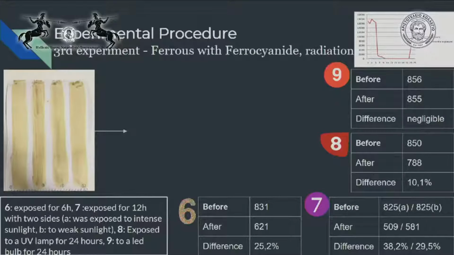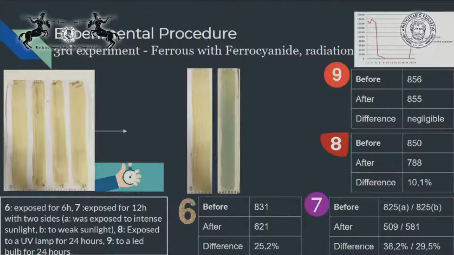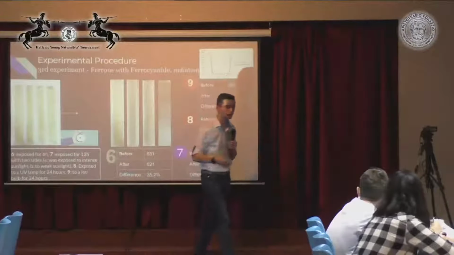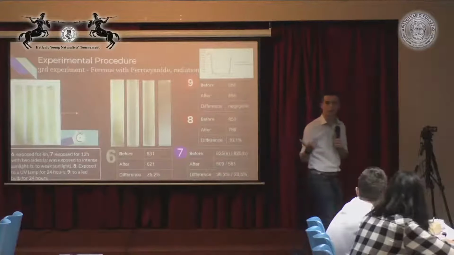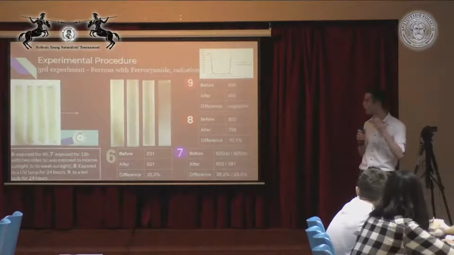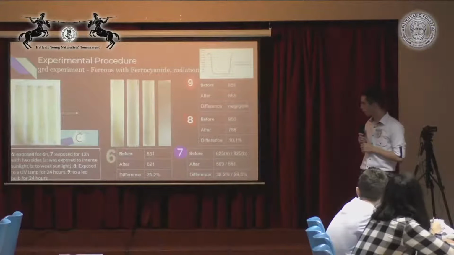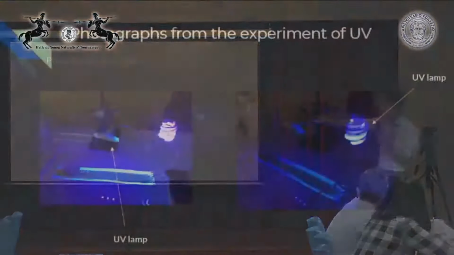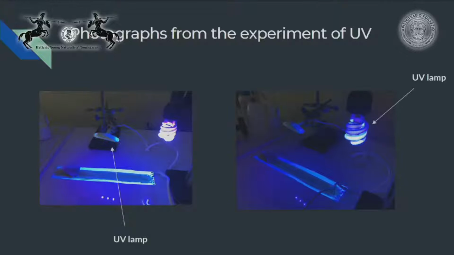And this is the third experiment I made, in which I tested the radiation. We can clearly see that the biggest difference is in the paper which was exposed for the most hours in the sunlight. And those are some photographs from the UV experiment.